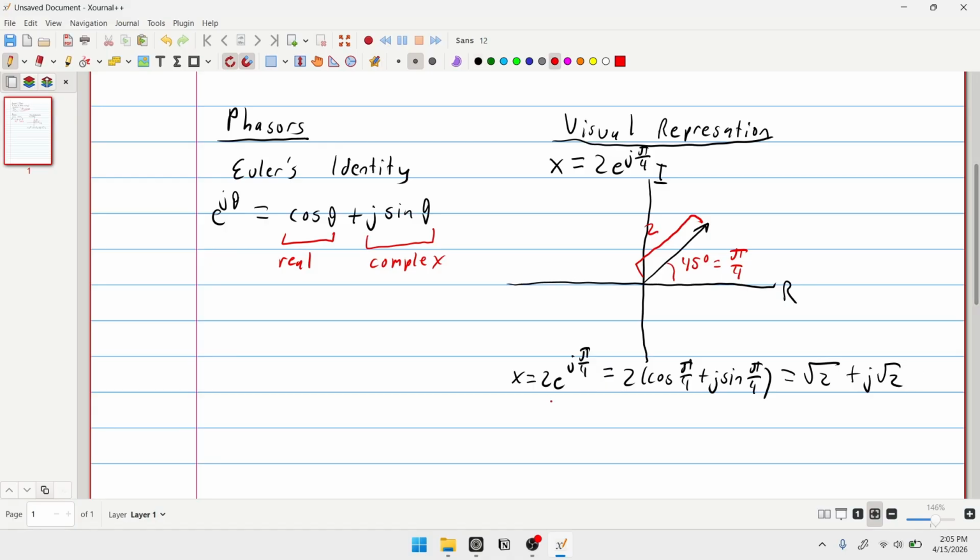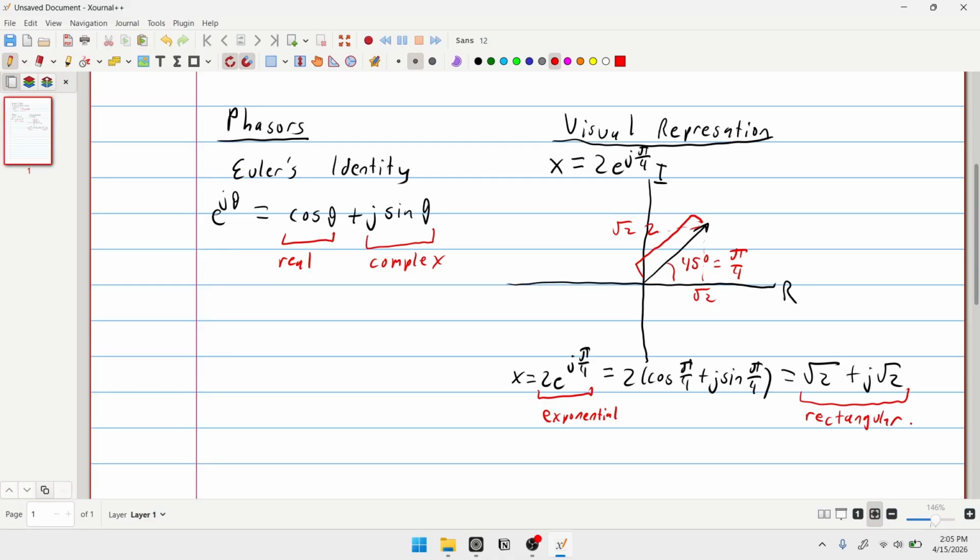So here we have an exponential form, and here we have a rectangular form, because we can see that this is square root 2, and this over here is square root 2, almost like an ordered pair or a coordinate point.